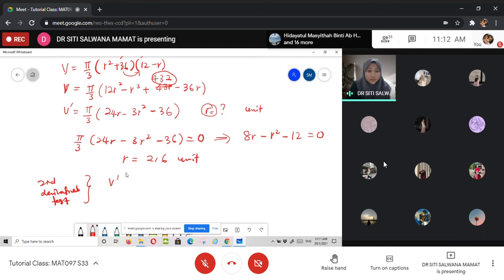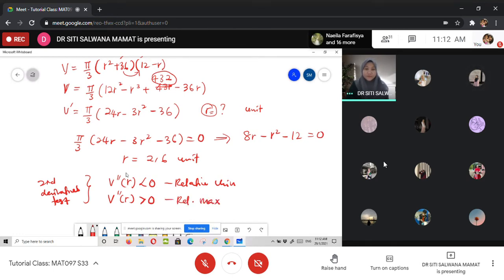If V double prime of R, where our variable is R here, is less than 0, it will give you a relative minimum, right? Right? Remember? If you have V double prime of R greater than 0, it will give you a relative maximum. Okay, remember? This is the second derivative test.